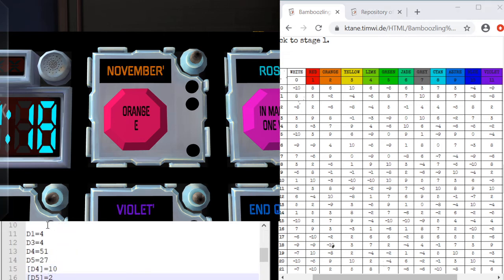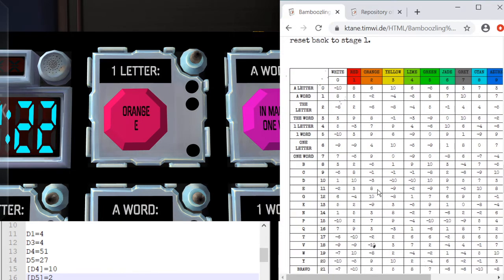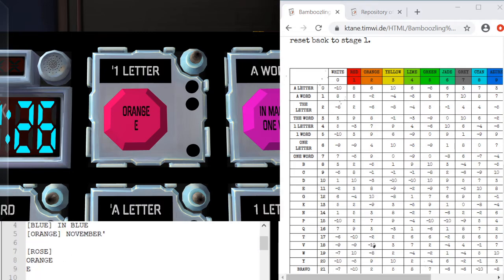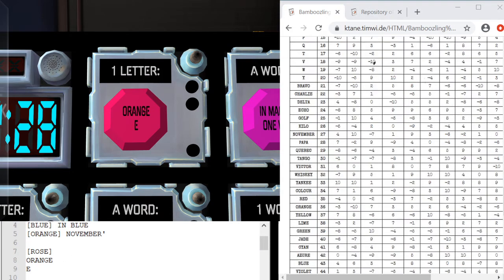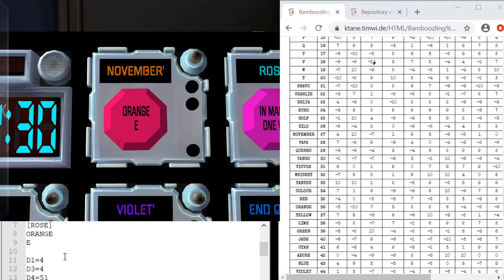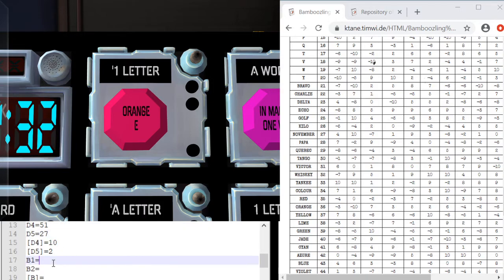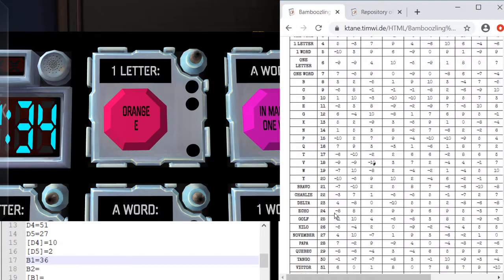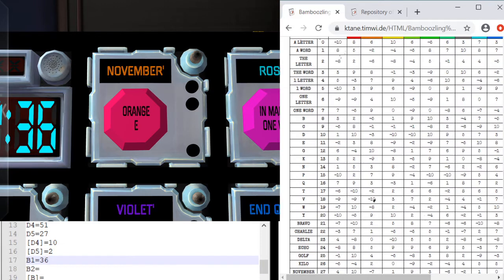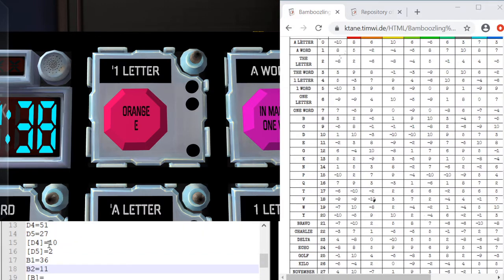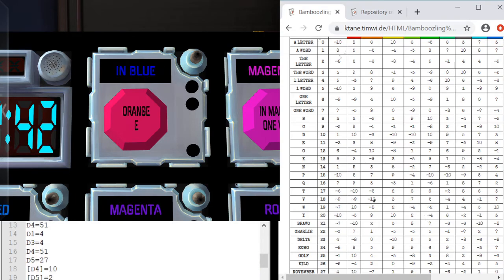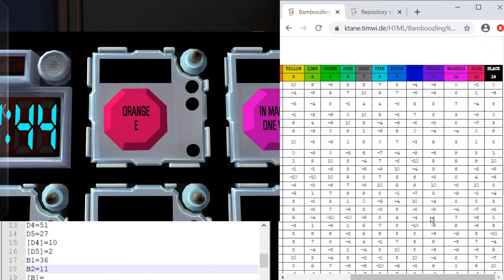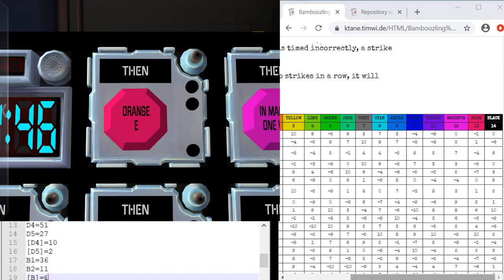We don't take down any values for the 1st, 2nd, and 3rd lines of text because they are always going to be white. B1 is orange, the word orange, not the color, so that will be 36. And E is the 2nd line of text, which is 11. And the color of the button is rose. So, rose is right here, and it is 13.